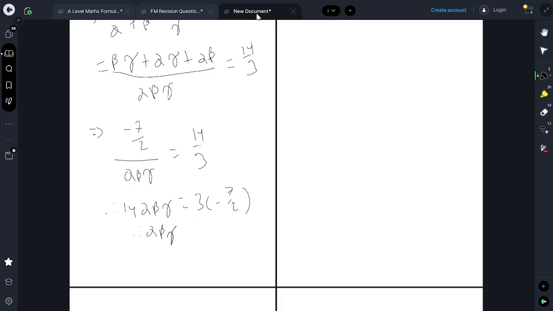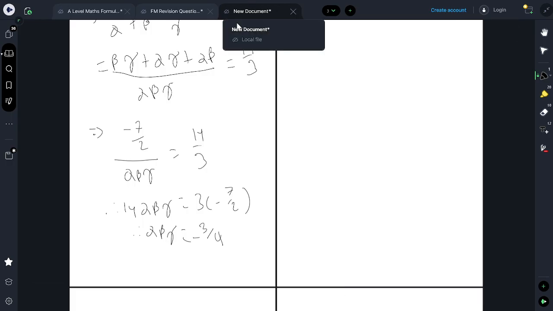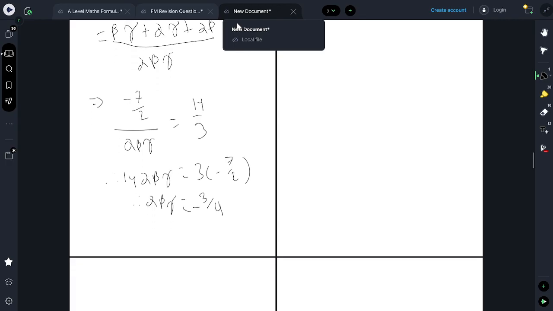And therefore, alpha beta gamma, if we solve that, would be 3 times minus 7 over 2 divided by 14, which is minus 3 over 4. Okay. So that means, well, the product.